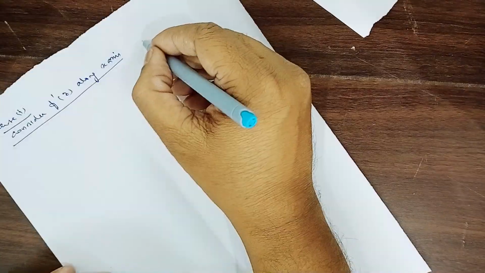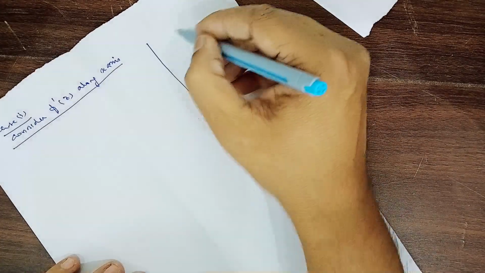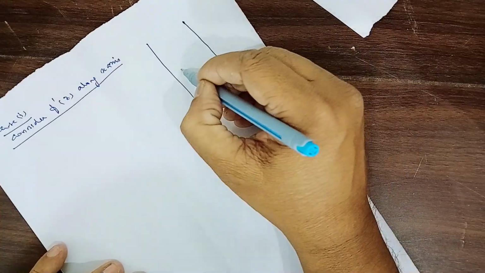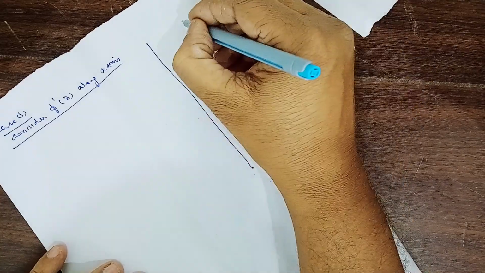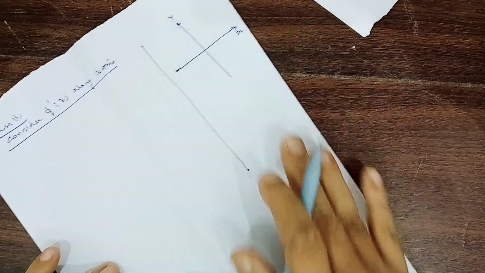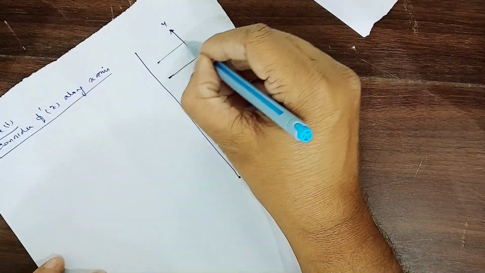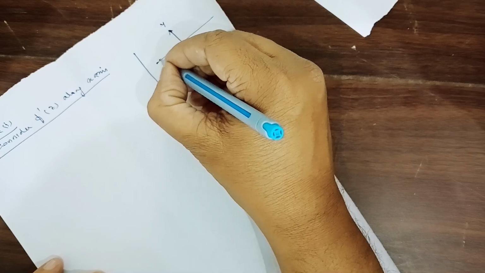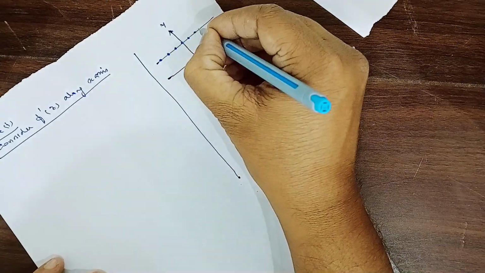For that we will draw a small diagram, then you will easily understand. Now draw the x-axis and y-axis. This is along the x-axis and this will be the y-axis. Okay, this we know. Now consider neighborhood points, maybe here, here, here, like that.